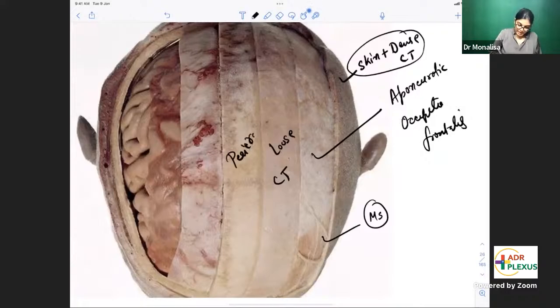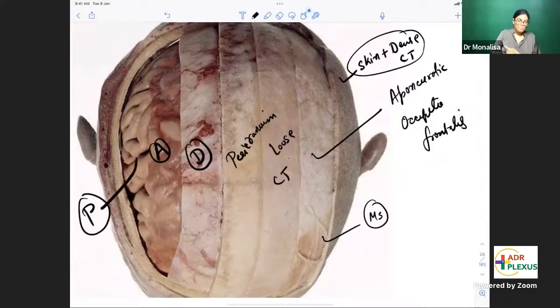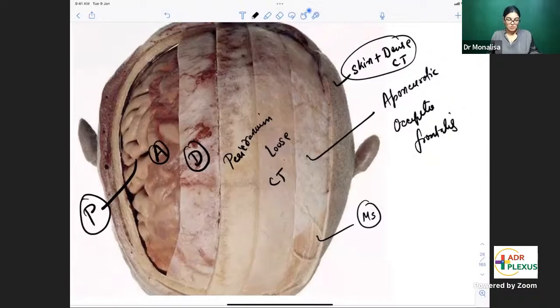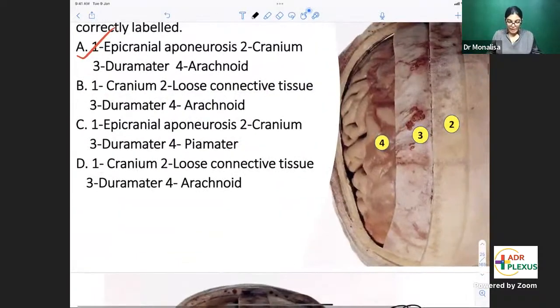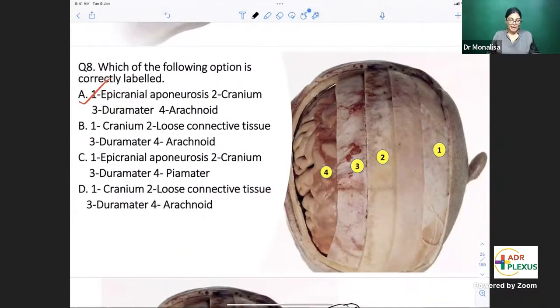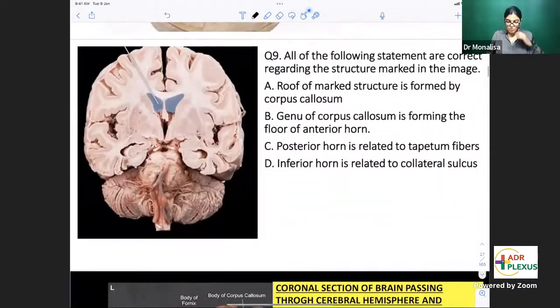This layer is the pericranium layer. This will be the D for dura mater, this will be the A for arachnoid mater, and this will be P for the pia mater. So this is definitely the correct order of the layers which is shown. After this, we definitely know that the correct answer will be A. Let's move on to the next, that is question number 9.